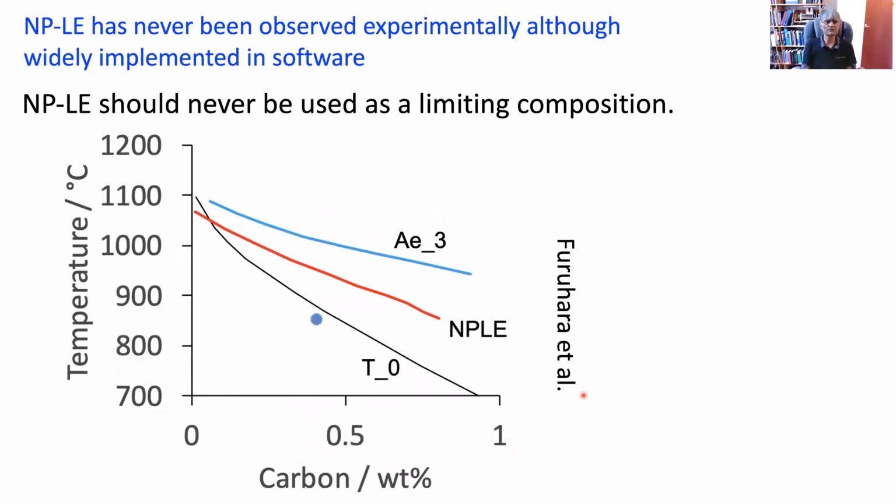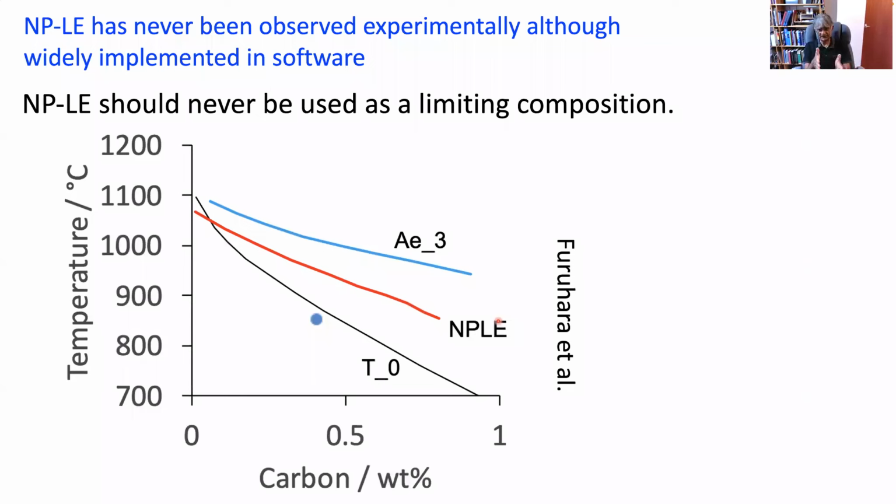Okay, people sometimes use the NPLE curve, which you can easily calculate using the commercial software, and check to see whether the bainite reaction stops there. But that makes no sense at all, because NPLE is just a transient condition. If it exists, it's a transient.